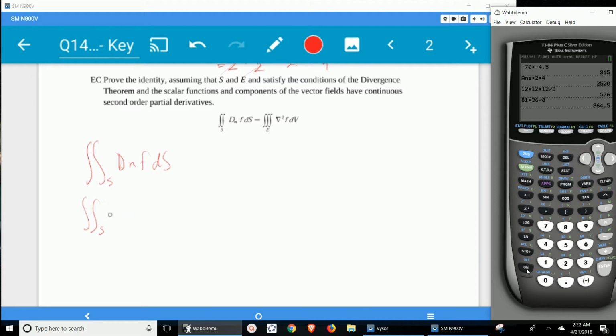So what that is you take the gradient of f and dot it with the direction vector. Okay. And this is precisely where the divergence theorem would come in.